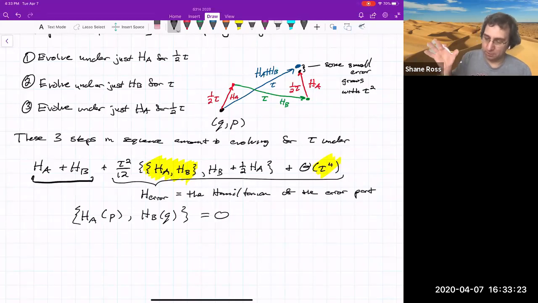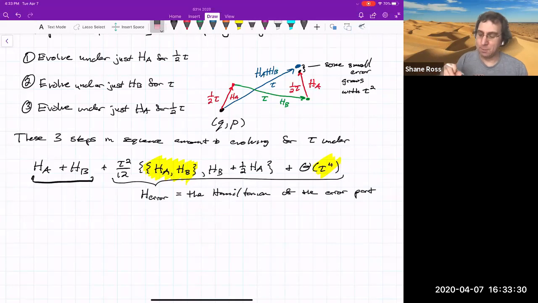Unless, well, okay, no, that's not true. It might equal 0. I'm getting confused. Yeah, it might equal 0. If you can find an HA and an HB where it does equal 0 or is small, then you're good. You're good to go.